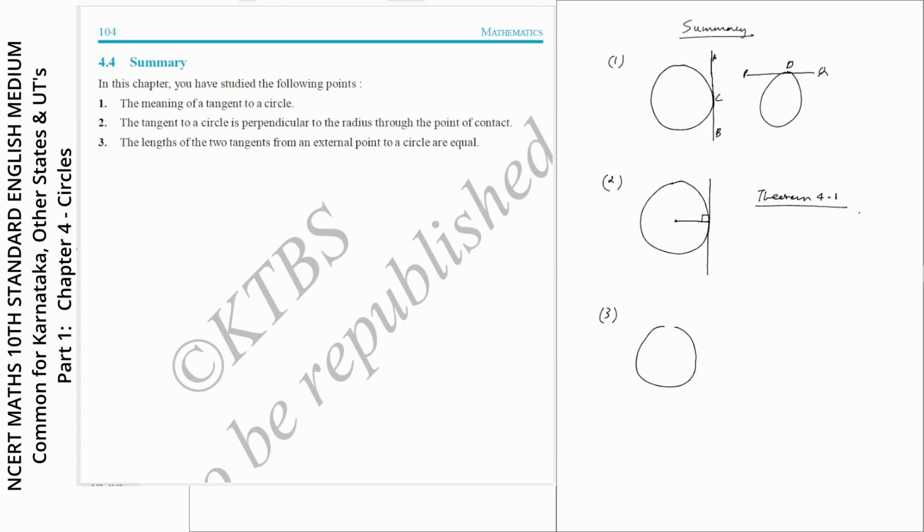If from an external point P we draw two tangents such that they touch the circle at A and B, then PA will be equal to PB. This we learnt in theorem 4.2, and that completes this chapter.